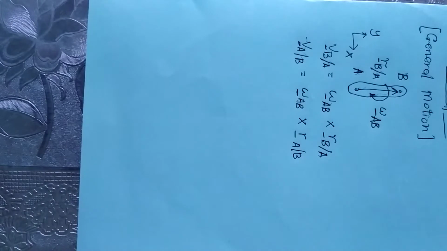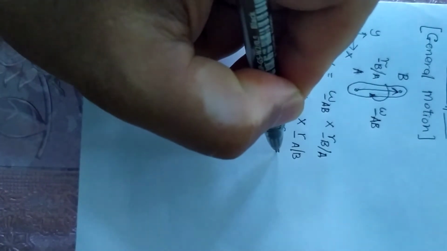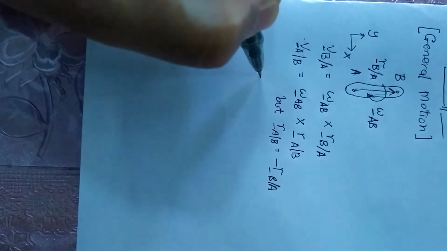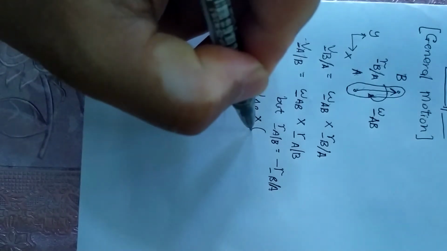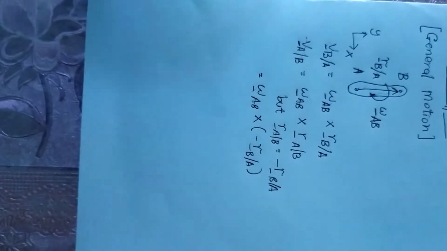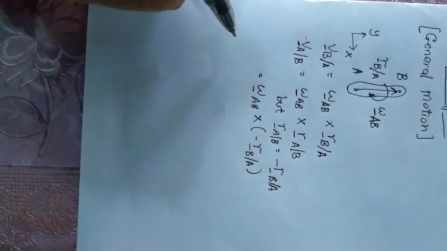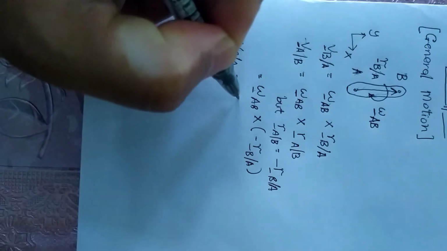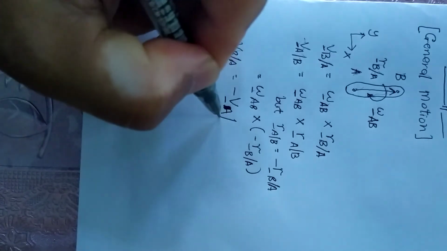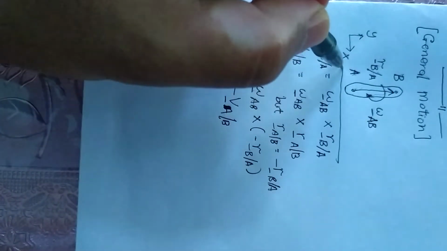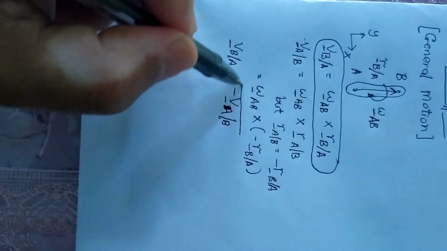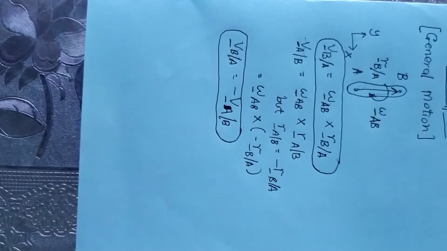Omega represents the whole body angular velocity, and then you cross with the position vector of A relative to B. But we know that the position vector of A relative to B is just the negative of the position vector of B relative to A, so we can say omega AB cross minus the position vector of B relative to A. Therefore, from comparing these two equations, the velocity of B relative to A is equivalent to the negative velocity of A relative to B. This is the first relationship that I want you to understand, and it is the relationship we can deduce from this whole system.